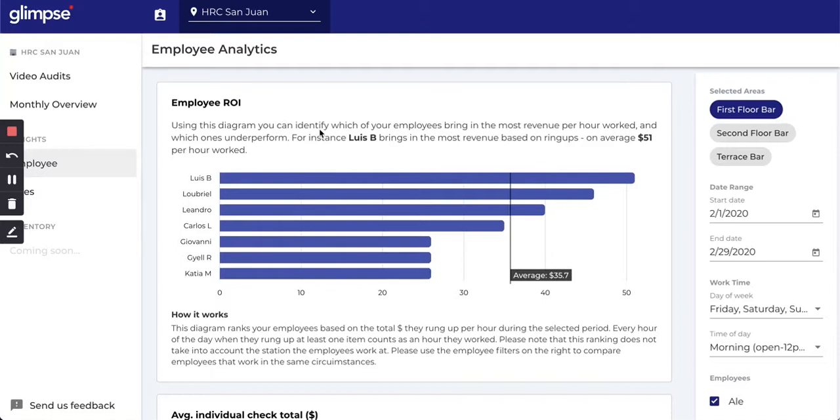So the way we are calculating this is not in correlation to the hours that are being reported on the clock in terms of the times that they are actually punching in and out for work, but really we are looking at the times that your employee had the opportunity to sell and they actually started to record sales on the point of sale until the last ticket was recorded on the point of sale. So really just the effective time that a sale was actually being processed and they were servicing customers.